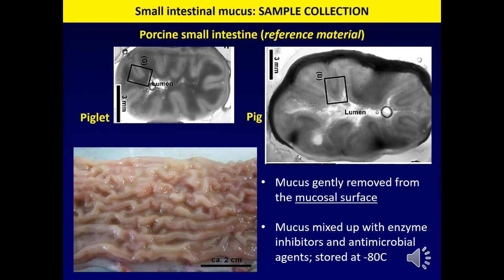In order to answer this question, we used porcine mucus as a reference material. We collected mucus from the jejunum and the ileum of adult pigs. We also included jejunal mucus collected from piglets in the study. And then the mucus from all these sources was exposed to the lipid digesta, and we measured the penetration of digesta inside the mucus.